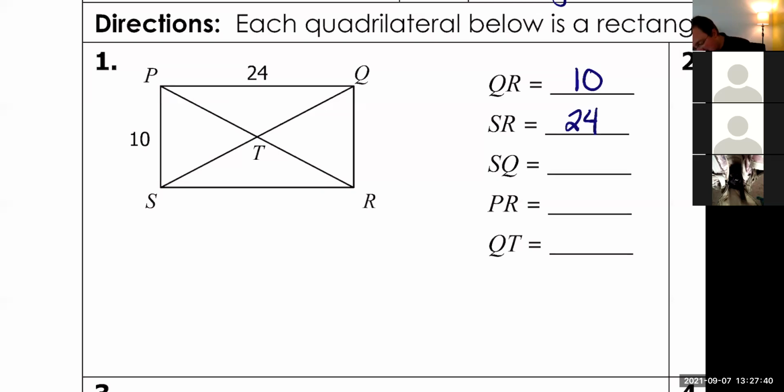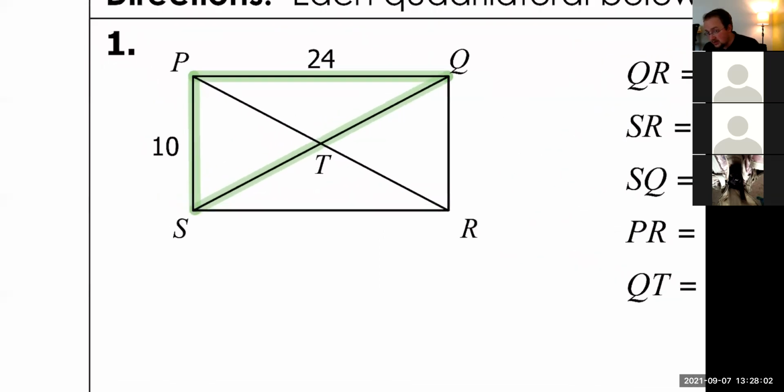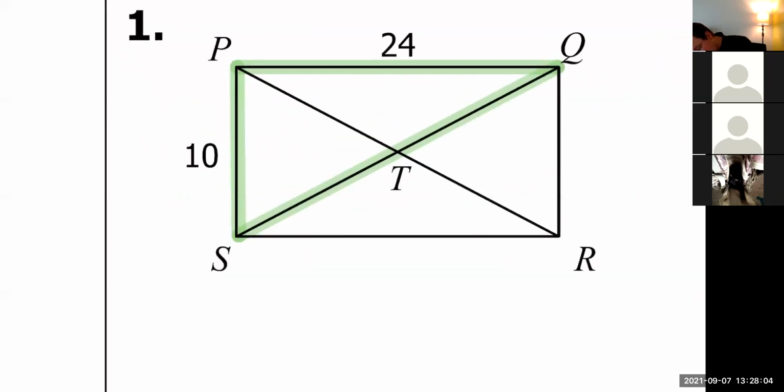And to do that, I have a little highlighting tool here. I would like to look at this portion of the rectangle, because if you recall, all the angles in a rectangle measure 90 degrees, which means if I were to imagine this kind of green highlighted triangle I have in there, that is a right triangle for which I have 2 of the legs.